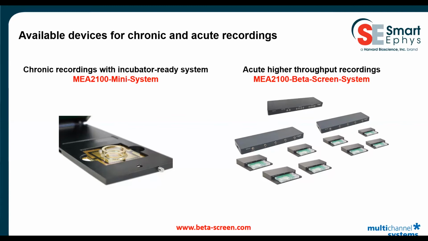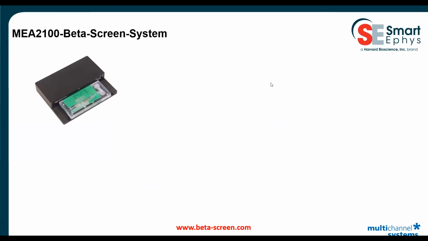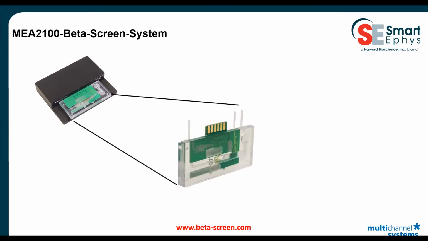If you are more interested in higher throughput recordings and drug testing or drug screening, I would go in the beta screen direction. And I want to show you how the beta screen looks in more detail. So you see a beta screen head stage here, and then a specialized MEA for the beta screen system.